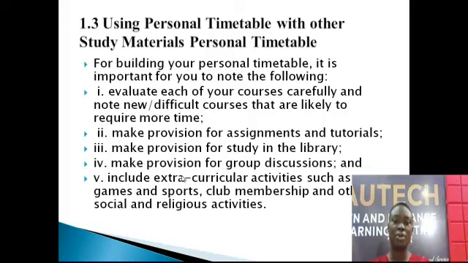Have a rep that will be able to put you through. Maybe the person that knows the topic more should be able to guide you about what the particular topic means. So the group discussion is also good during your personal timetable.